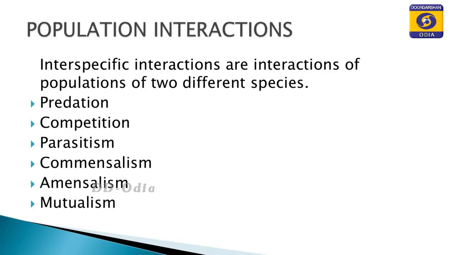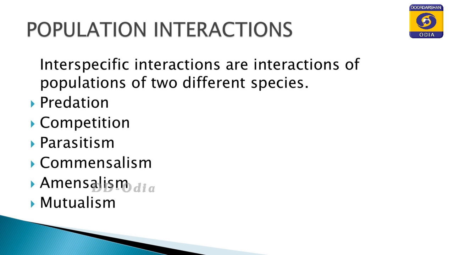We shall discuss the population interactions now. Within the population and outside the population, in a given area, I have told you there may not be a single population or individuals of only one species. There may be individuals of several species available, and there is always interaction between these individuals, that may be from the same species or of different species.